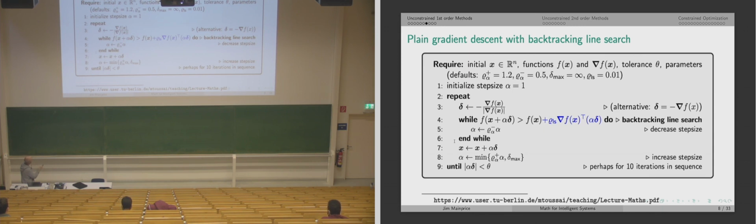We can also not have the Wolfe condition, and in that case it would just be: are we decreasing the function value at all? And we accept as soon as we are decreasing the function value. Here it's a little bit more aggressive in the sense that we want to have a minimum decrease.